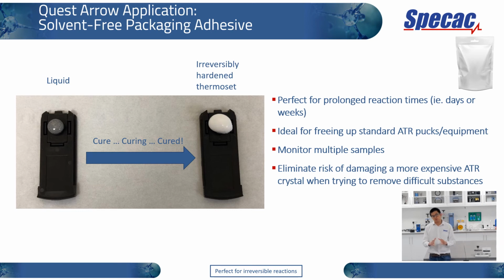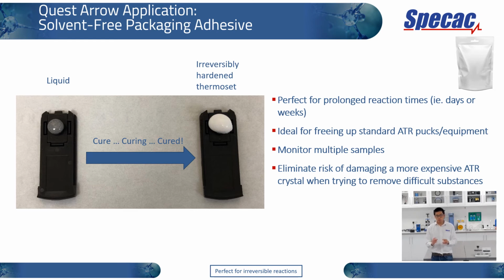This is also linked to the slide you saw previously, where you can see that the adhesive initially is in a liquid form, but eventually it cures into an irreversibly hardened thermoset.